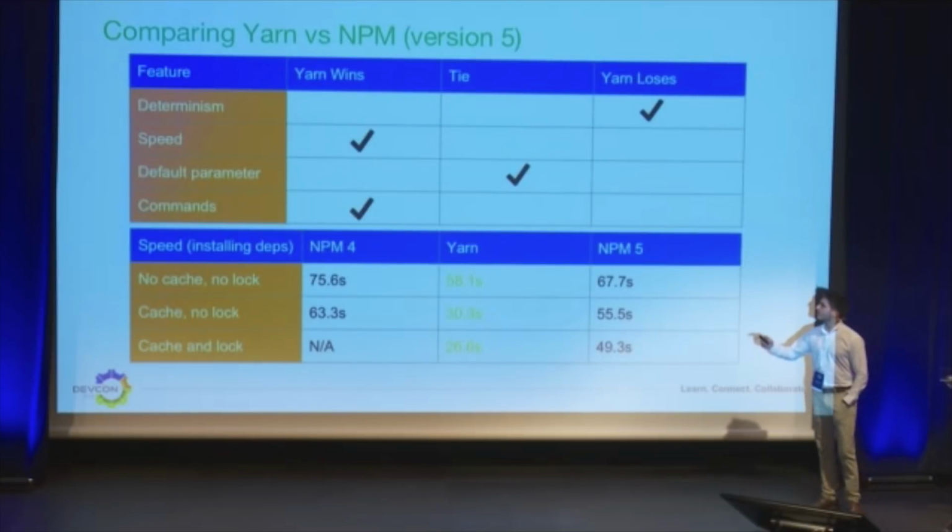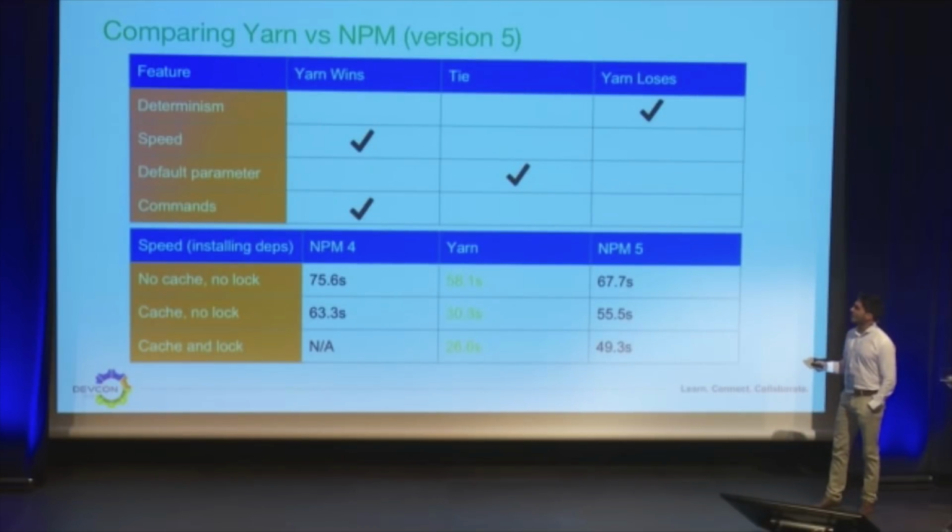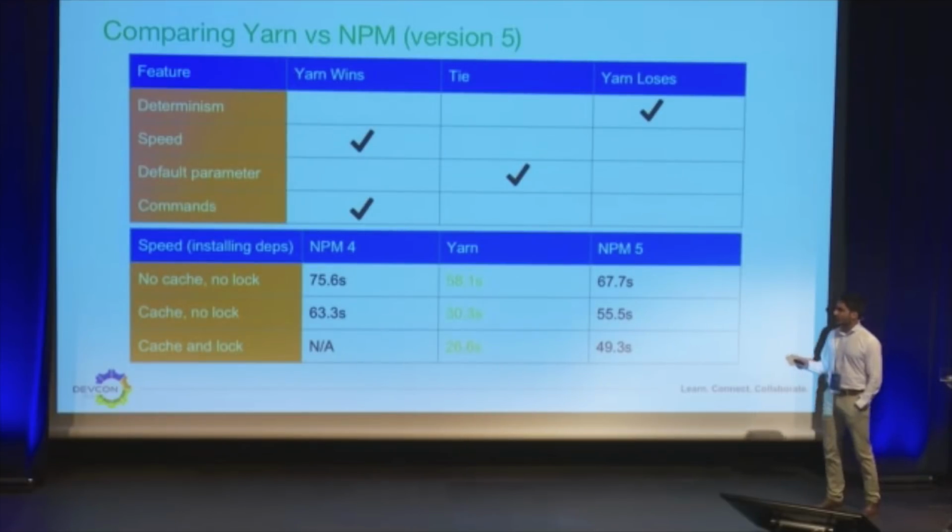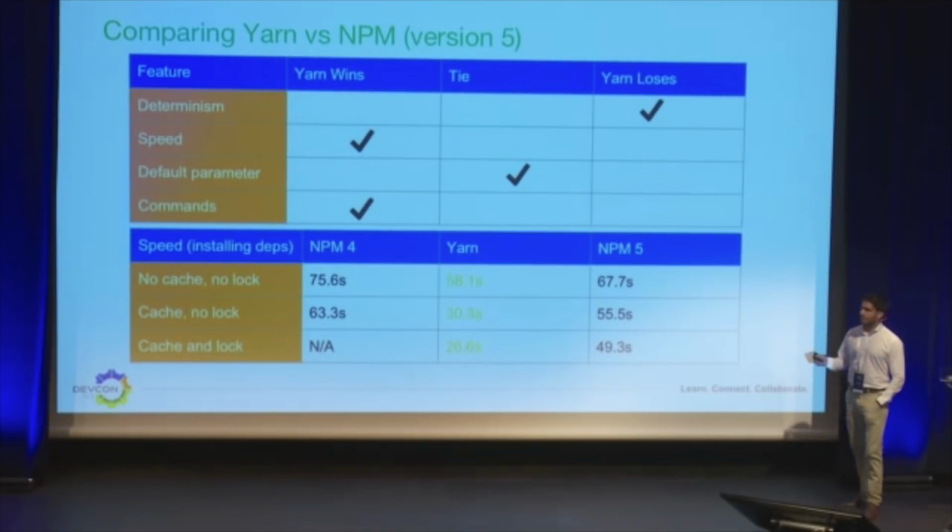Here we have a table which compares yarn versus npm. Well, in the case of determinism, we can see that yarn loses. Basically, it is because npm works better with the different versions. Related to the speed, we have an interesting table here below. Well, we can say that yarn has better times, it's faster.